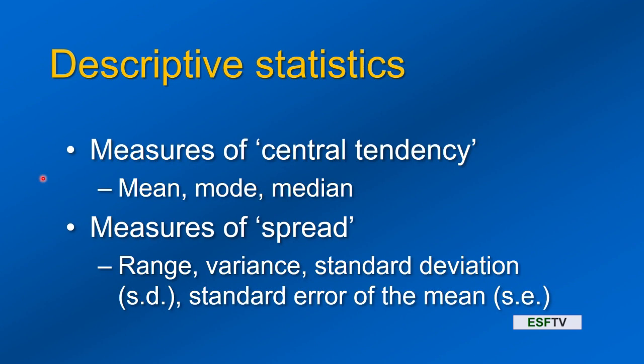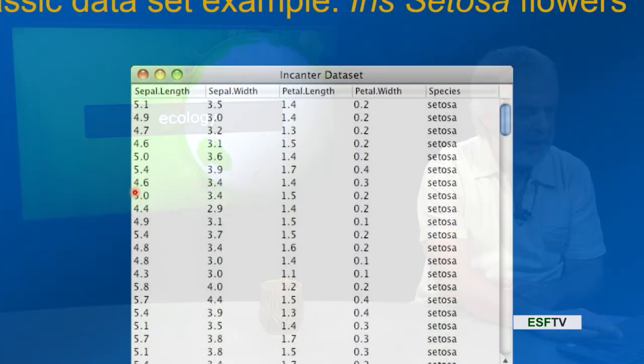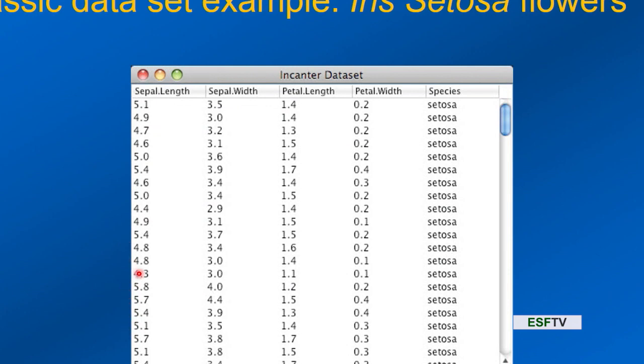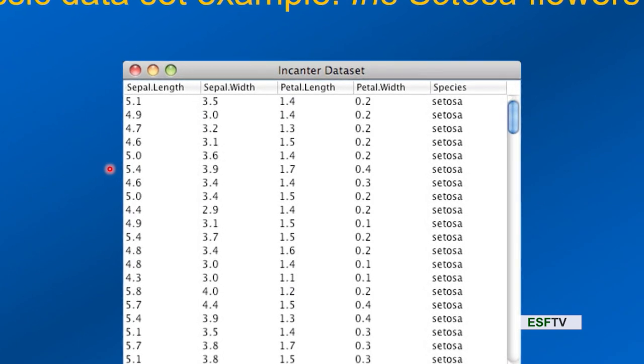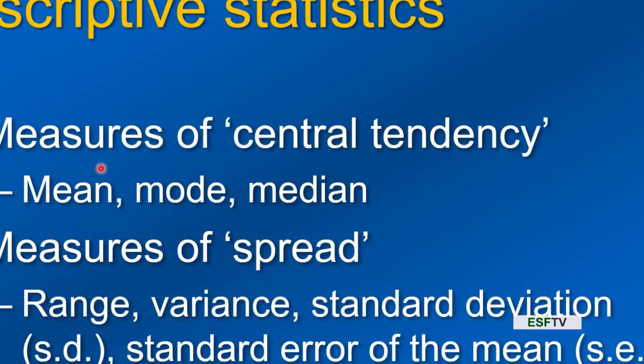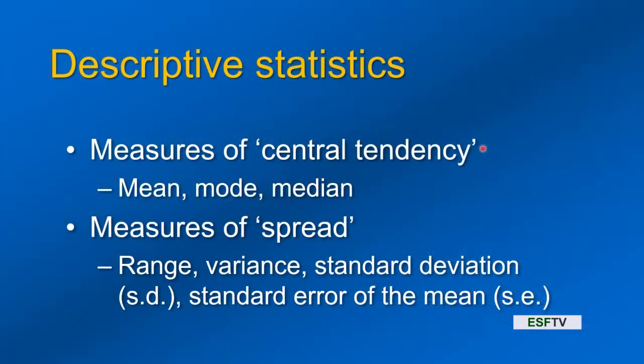You can't look at that big table and get a sense of what the average sepal length is. I mean, you can. Maybe it's 5. So if we go back, yeah, maybe it's 5, maybe it's 4.8. Don't really know until you plug all those numbers in and calculate the average, okay? And that average is a measure of what I call the central tendency of the data.